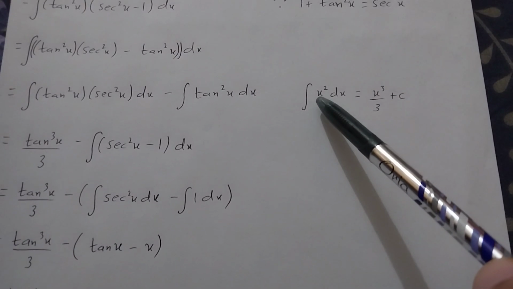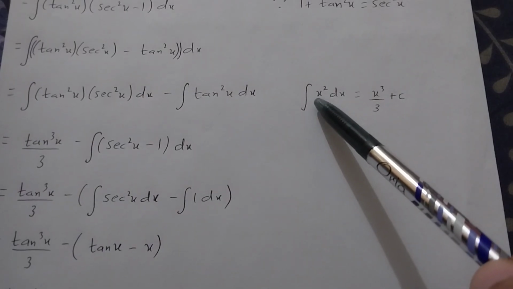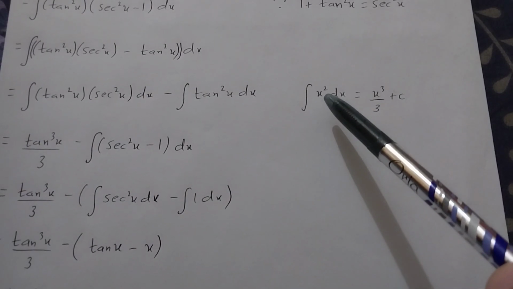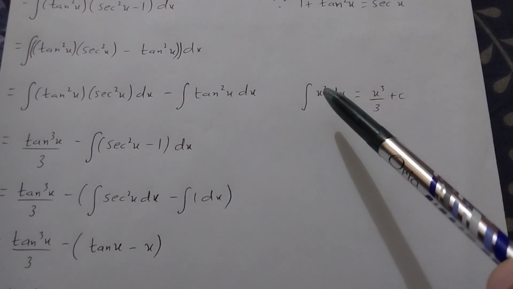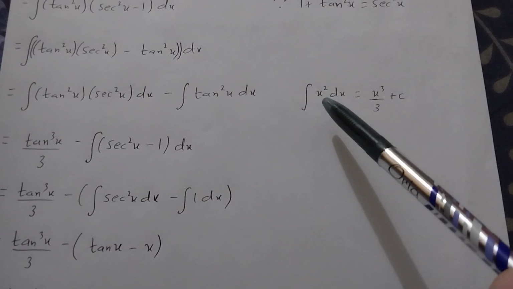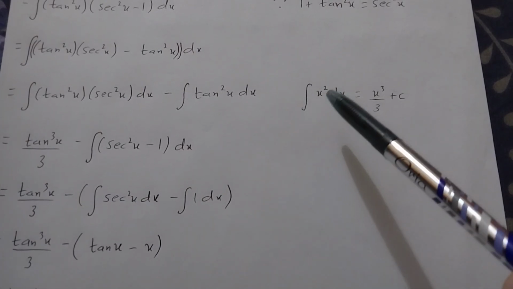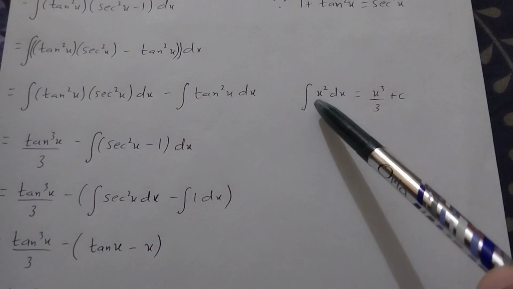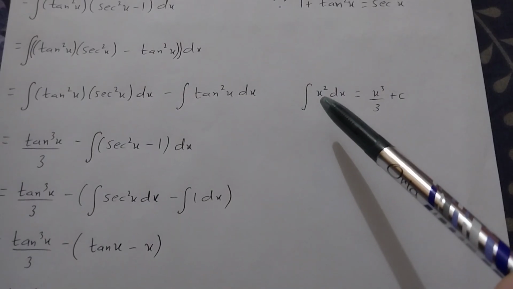And we know that this power can come as a derivative when we take derivative of some cubic function, because the coefficient comes in front and we subtract 1 from the power.